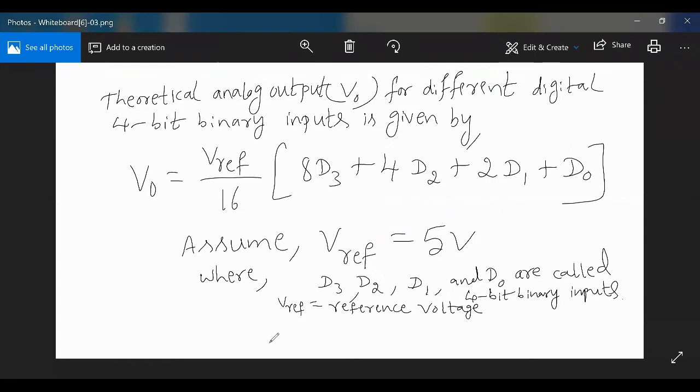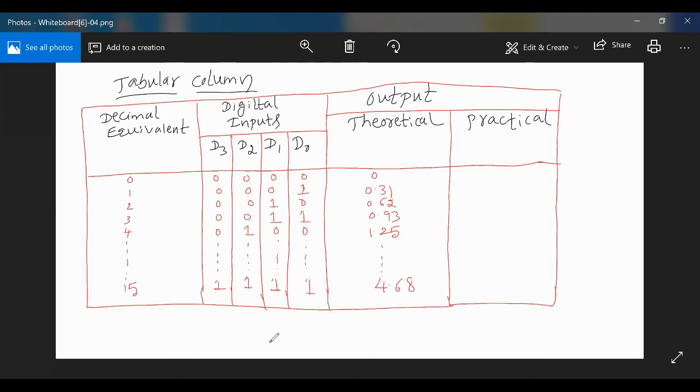See, here the equation is given, the same equation which I had written. So you could use this equation for getting the analog outputs theoretically. See, this is the tabular column. See the decimal equivalent 0 to 15, the number of possible combinations, because with 4-bit inputs, 2 to the power of 4 equals 16, so 0 to 15.